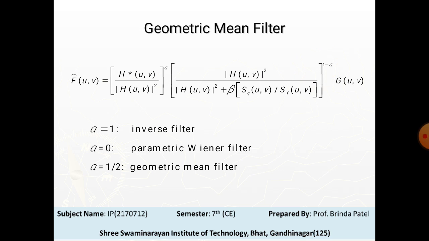If alpha is equal to 1 by 2, the filter becomes the product of two quantities raised to the same power, which is the definition of the geometric mean. With beta equal to 1, as alpha decreases below 1 upon 2, the filter performance will tend more toward the inverse filter.